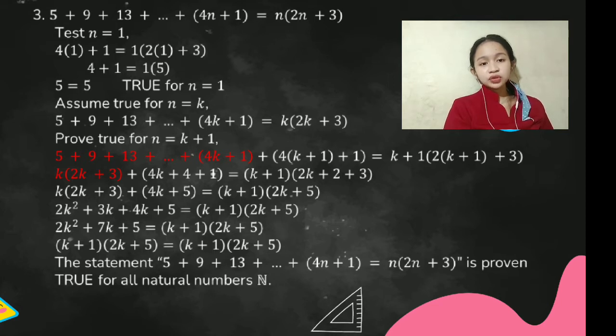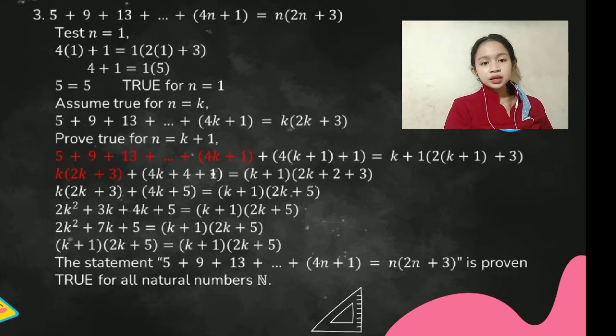Then, let's prove true for n equals k plus 1. 5 plus 9 plus 13 plus dot dot dot plus quantity of 4k plus 1 plus 4 quantity of k plus 1 plus 1 is equal to k plus 1 times 2, the quantity of k plus 1 plus 3.